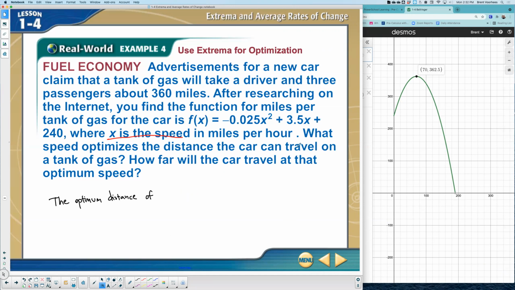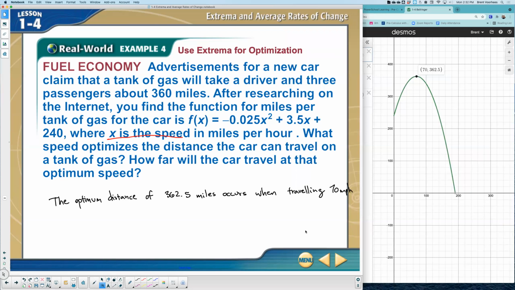What is the optimum distance? 362.5 miles occurs when traveling 70 miles per hour. That's the answer on this one.